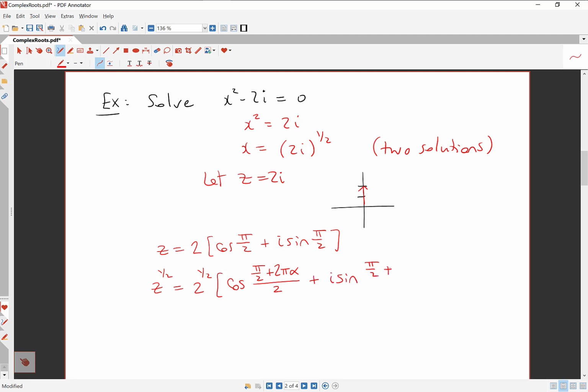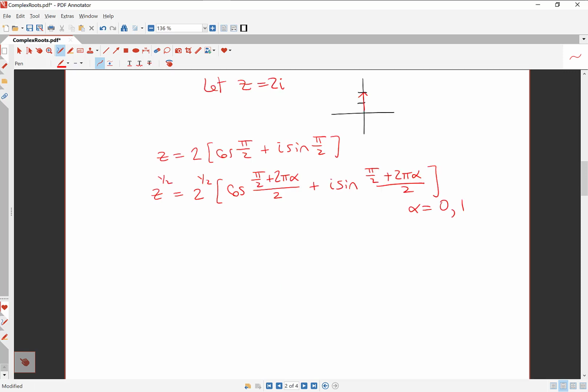So pi over 2 plus 2 pi alpha all over 2. And the idea here is that the alpha value is going to vary, in general varying from 0 to n minus 1. So in this case, the alpha values would be 0 and 1, and those are going to generate our 2 square roots.